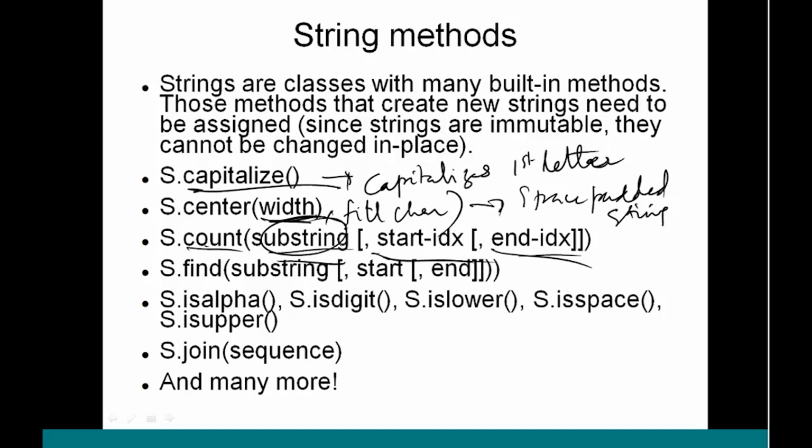If you don't specify them, count just sees how many times the substring occurs in the string. If you give both the start index and the end index, it starts from that start index and ends at the end index and looks for the substring.